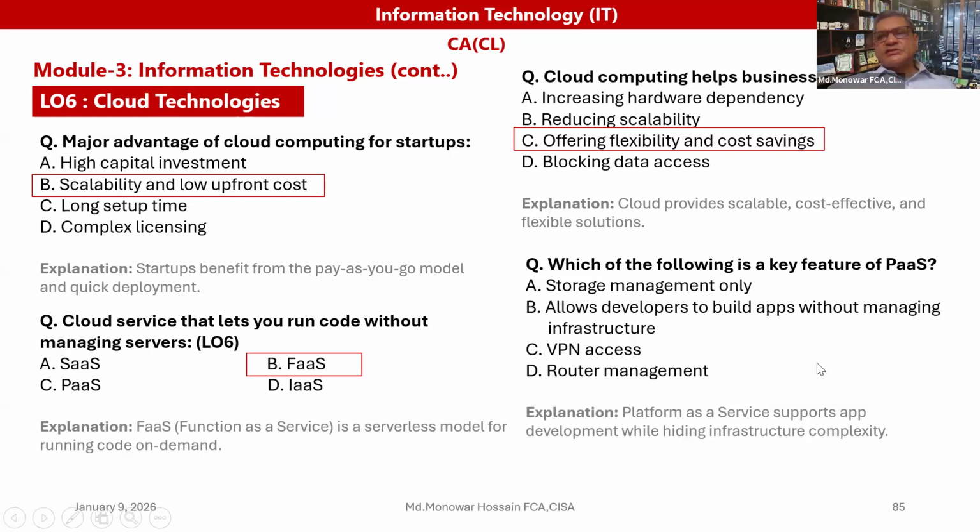The key feature of platform as a service is that PaaS allows developers to build apps without managing the infrastructure. We know platform as a service supports app development while handling the infrastructure complexity. Answer B.